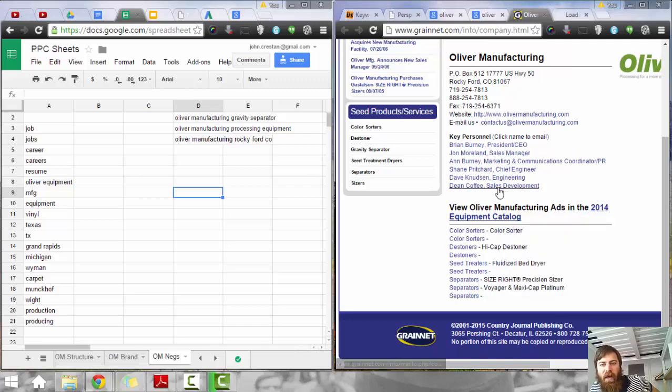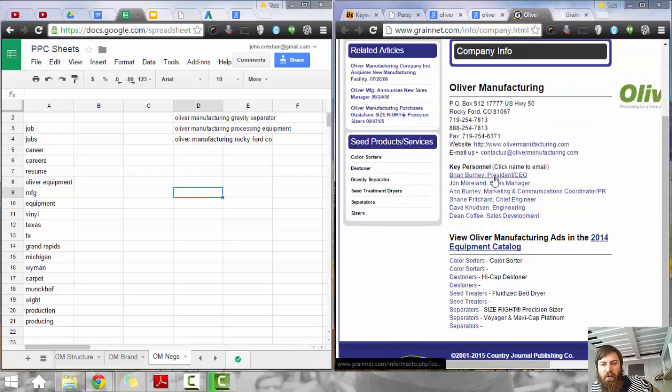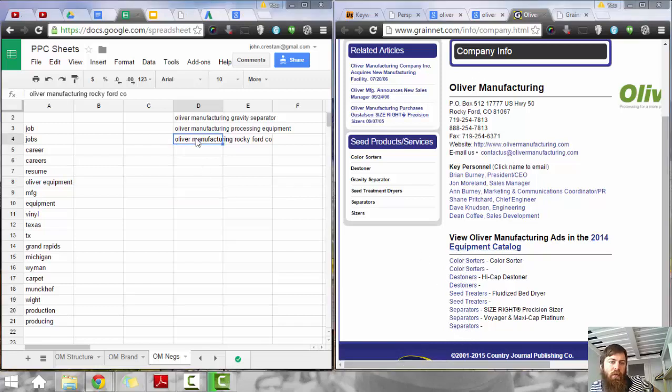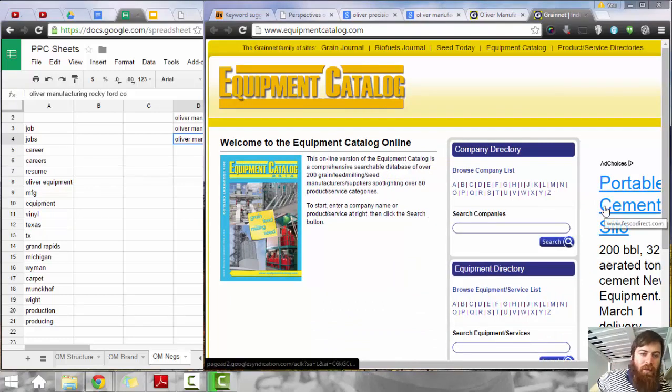So all that says is they have ads in the equipment catalog of grain nets, so they must sell to a lot of agricultural people, and they have these sorts of big pieces of equipment here. So now we know, kind of an interesting thing from Google search history, that they might have been based there. Grain and feed farming suppliers.